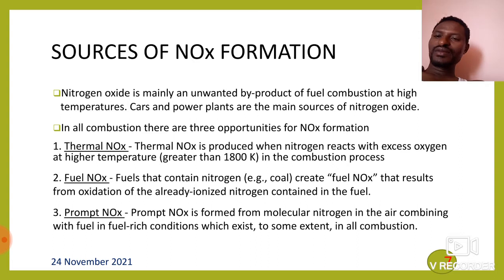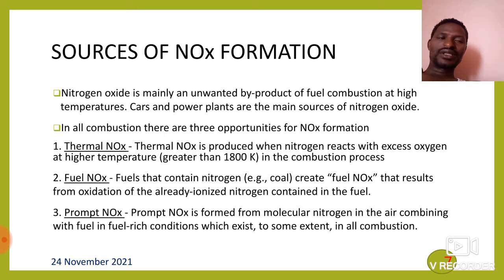There are three possible ways of formation of this nitrogen oxide. The first one is thermal nitrogen oxide. This is within high temperature during combustion, nitrogen reacts with oxygen and forms nitrogen oxide at around 1800 Kelvin. The other one is fuel nitrogen oxide.